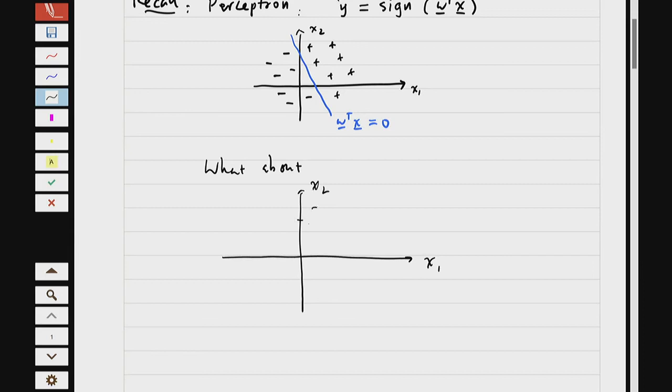Let's say we have a bunch of minuses here, maybe a plus, and a bunch of pluses there, and corners like that. You might see that maybe the true boundary may look something like this. This could be the true boundary.